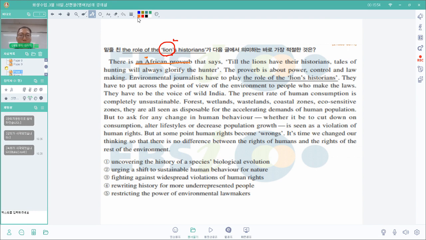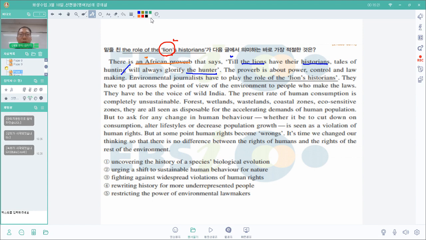As you guys know already, lions, they don't have their historians. Lions are animals, they cannot talk. So, of course, lions don't have any group of historians who can speak on behalf of themselves. So until lions have their historians, tales of hunting will always glorify the hunter.